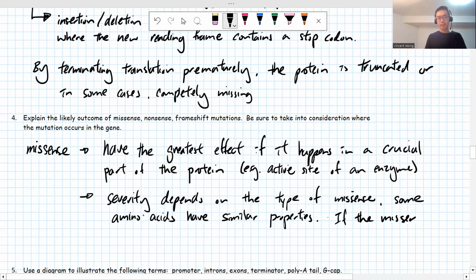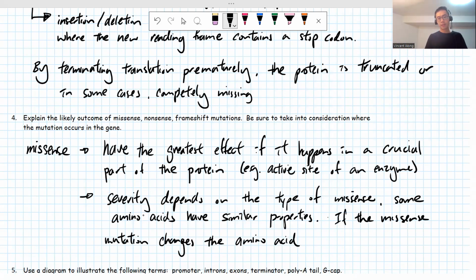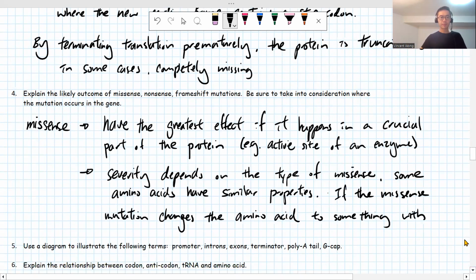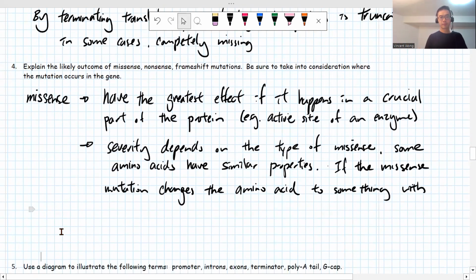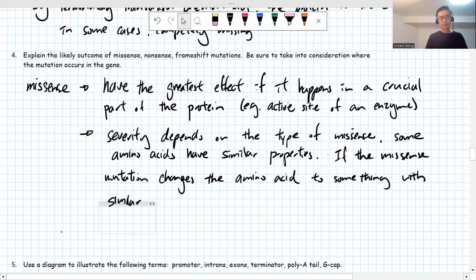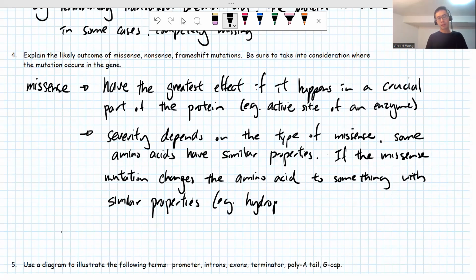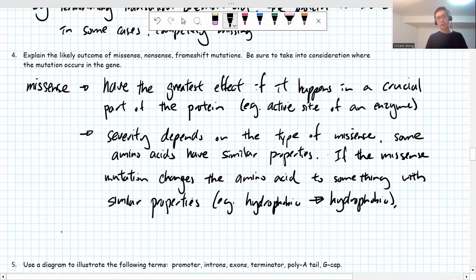If the missense mutation changes the amino acid to something with similar property, for example hydrophobic to hydrophobic, the impact is minimal.